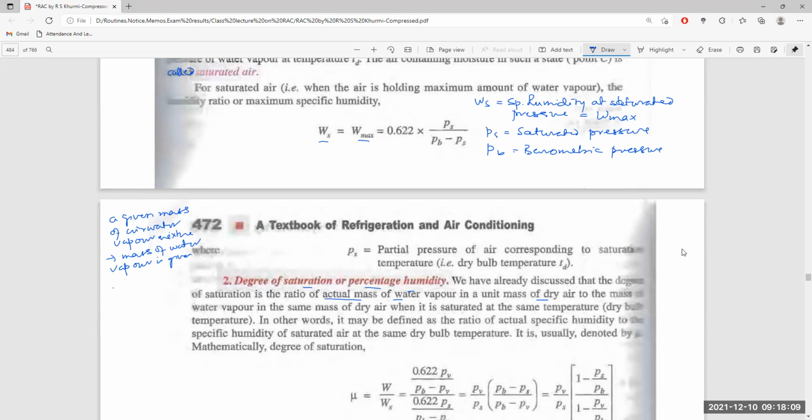The ratio of the same when the mixture is fully saturated is called the degree of saturation.